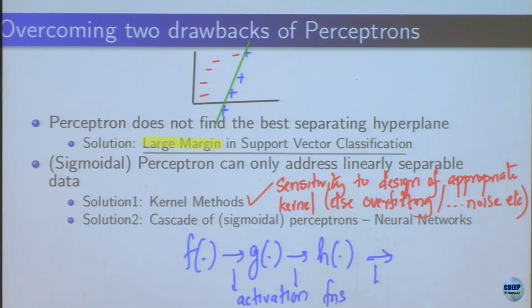Okay, so this is where we will now move, and then we will see that we can do a lot more. In fact, in your next lab, you will see that F, G, H, you could design them for handling images, even speech, text data, using properly designed F, G, H.